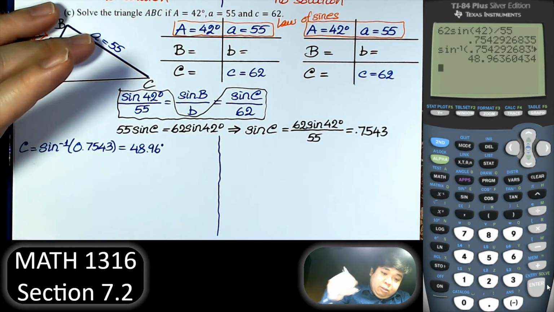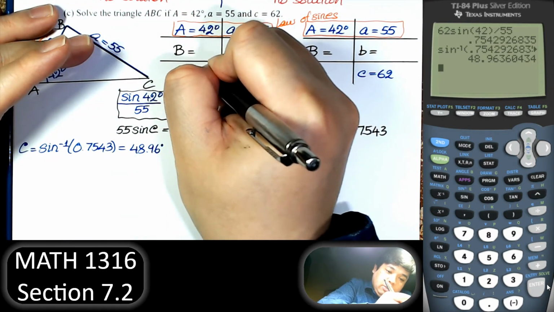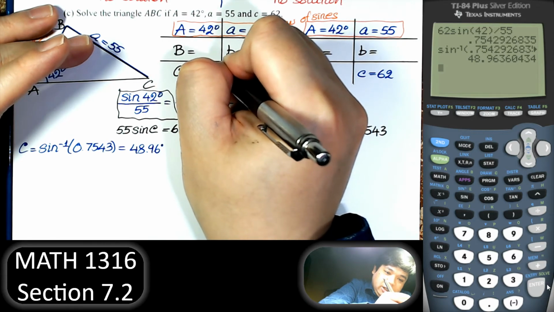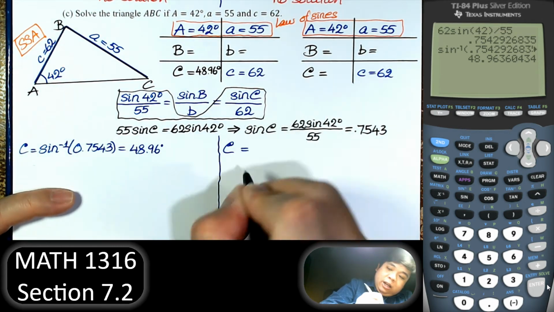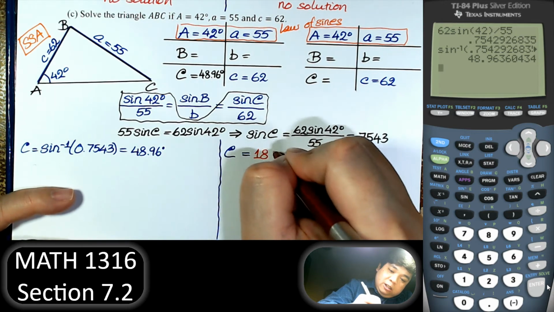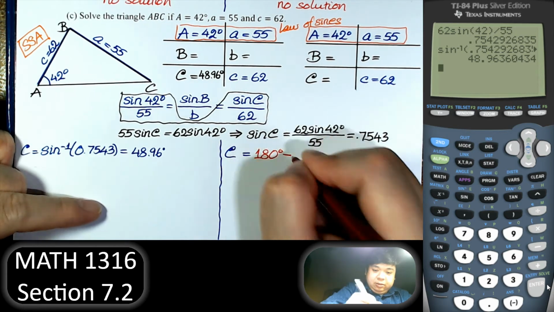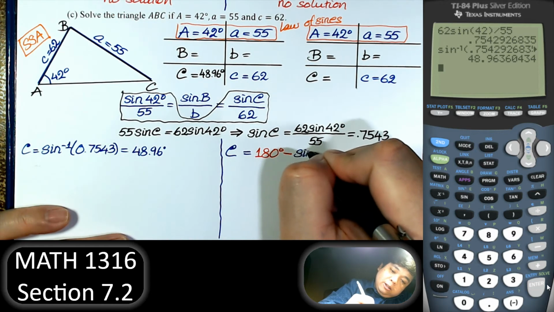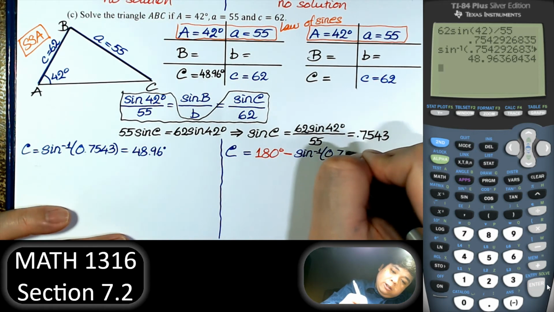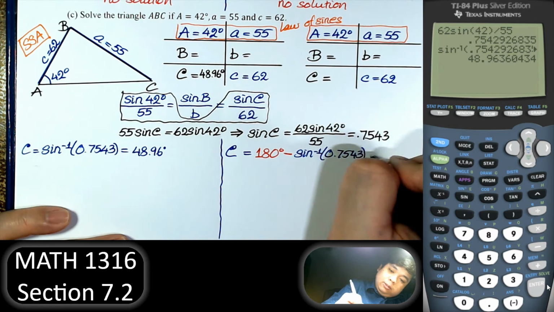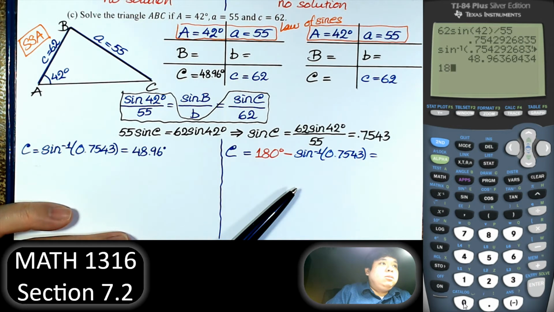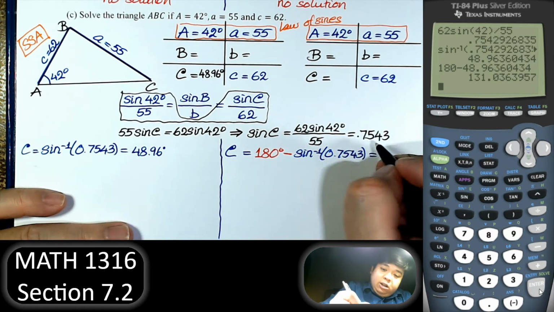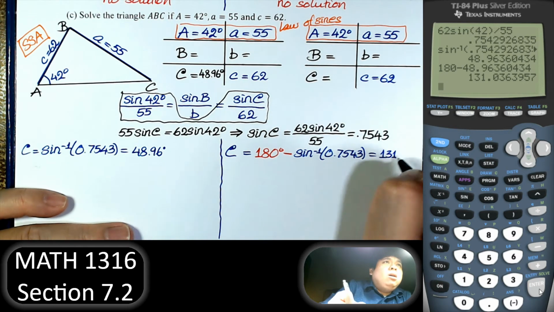I'm going to put it in here, 48.96 degrees. Or here we have the supplement to that. Supplement meaning subtract from 180. That's 131.04.